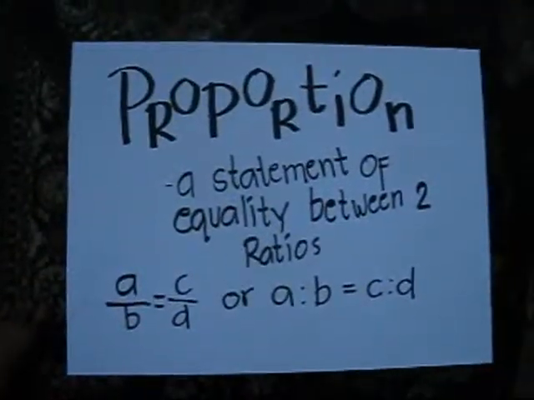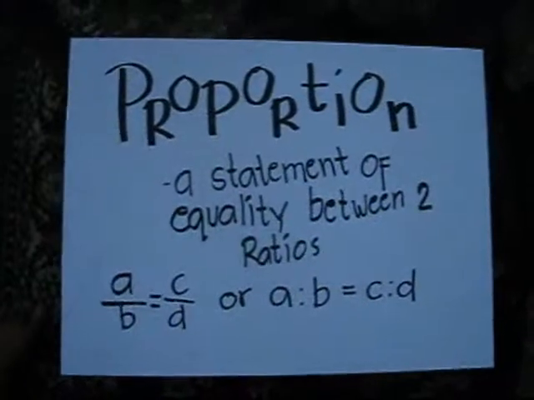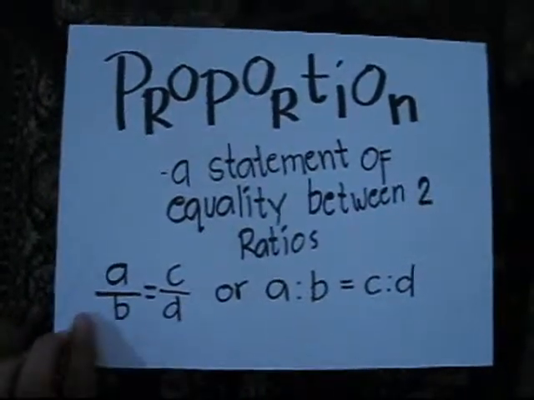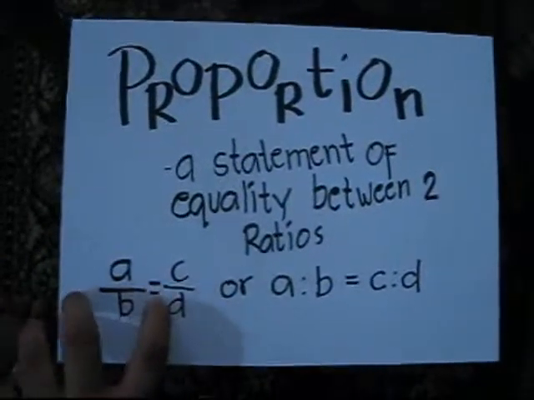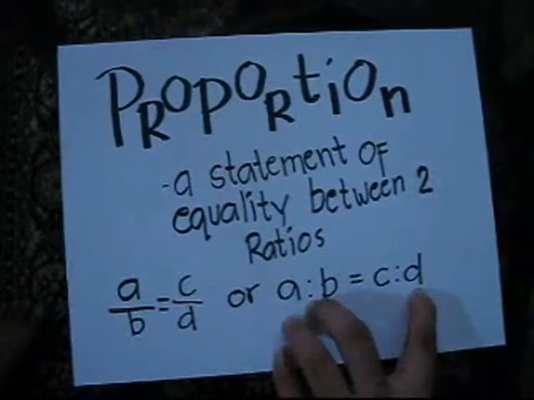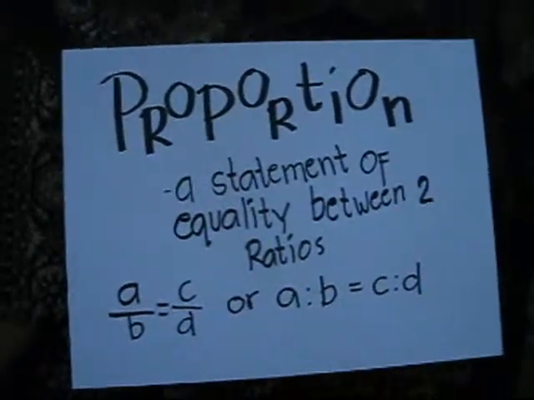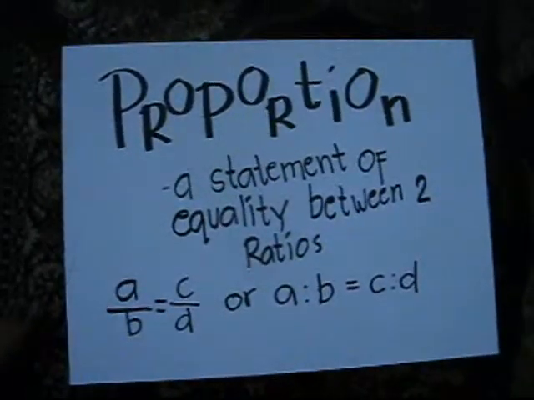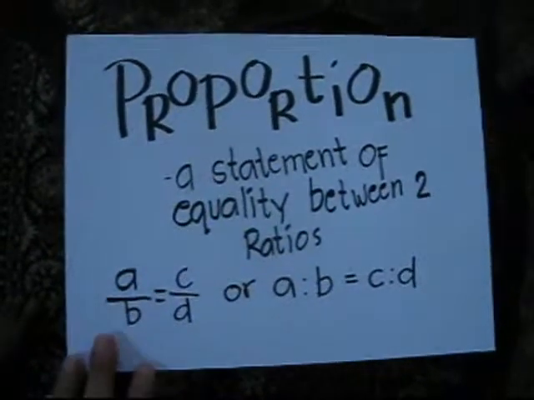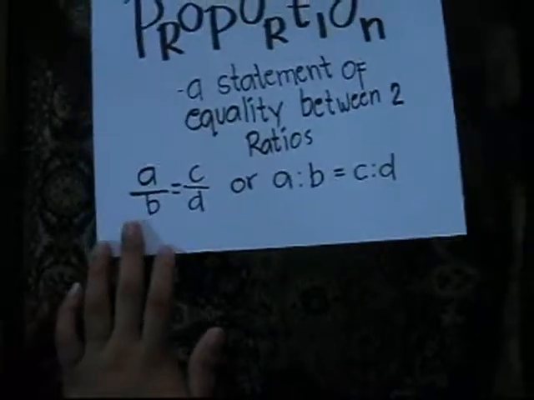Proportion. A proportion is a statement of equality between two ratios. In symbols, A is to B equals C is to D, or A:B = C:D with the use of a colon, wherein B is not equal to 0 and D also is not equal to 0. Each number in a proportion is called a term.